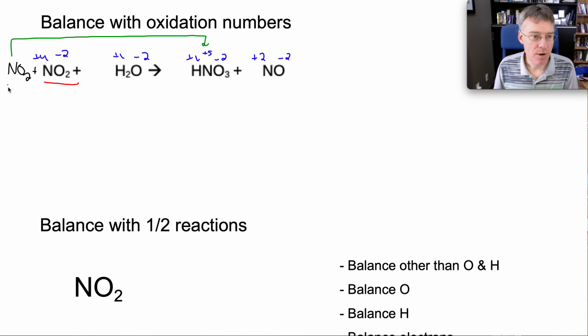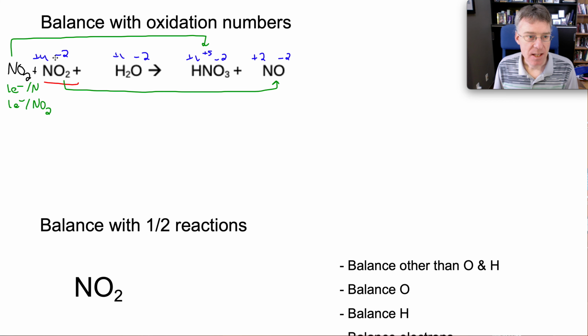So that is a 1 electron transfer per N. There's only one N in NO2. So this NO2 will transfer 1 electron. If we look at our second NO2, the second time we have nitrogen on the product side, that's a +4 to +2. So this one is a 2 electron transfer per nitrogen, or 2 electrons for that NO2.